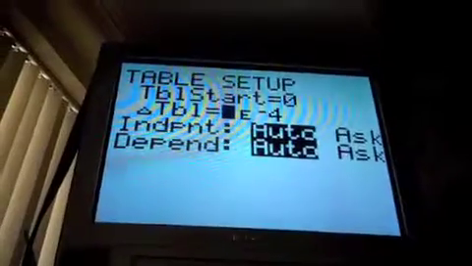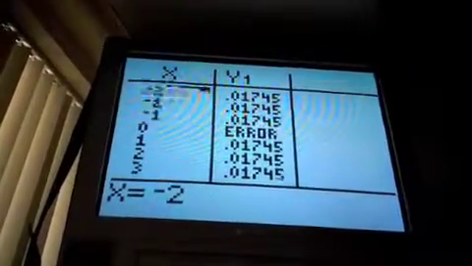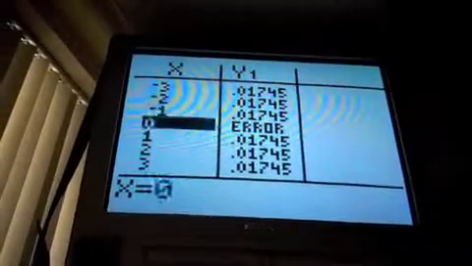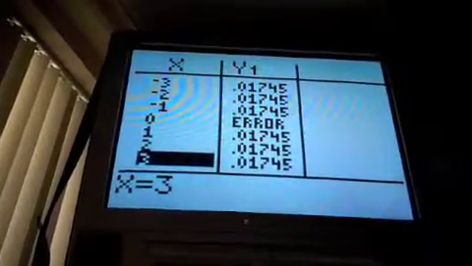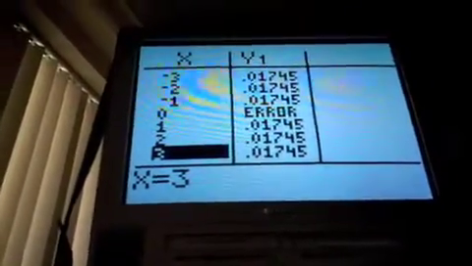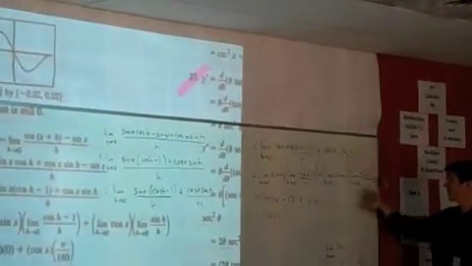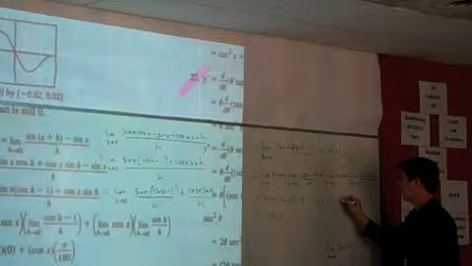I changed this already. I have these values here. You see it? What the heck is 0.01745? That's the number. Okay, that's what it is. Does sine x over x make sense? I don't know, but sine x over x was 1 in radian mode, and now it's 0.01745. Okay?